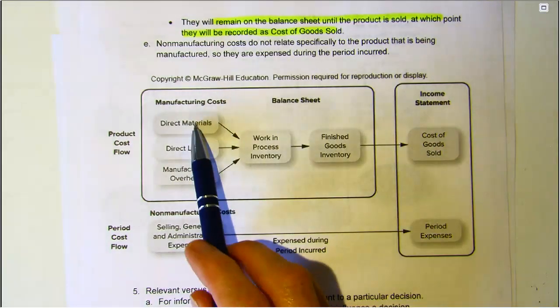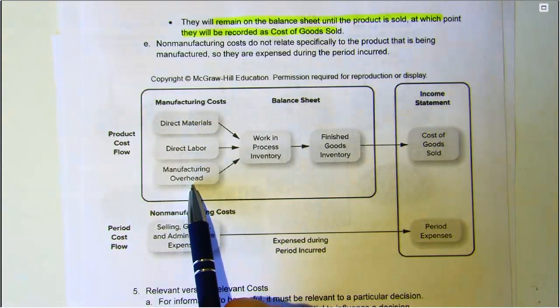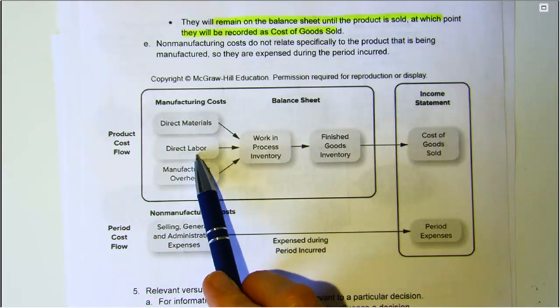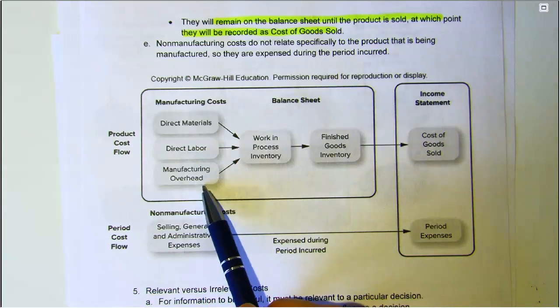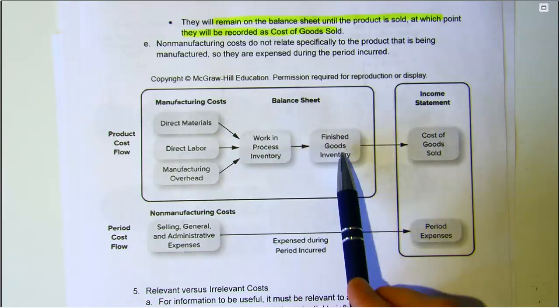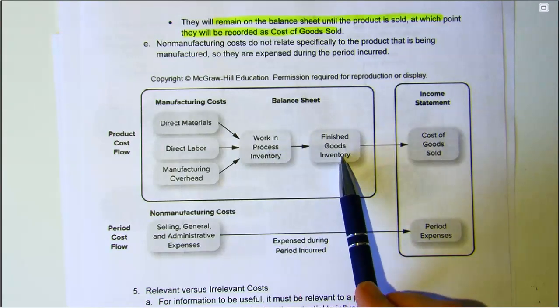This shows us our three product costs, our three manufacturing costs: direct materials and direct labor, which are direct costs. They can be easily and conveniently traced, and then manufacturing overhead. They get added into work in process inventory until they're completed, then they become finished goods inventory.